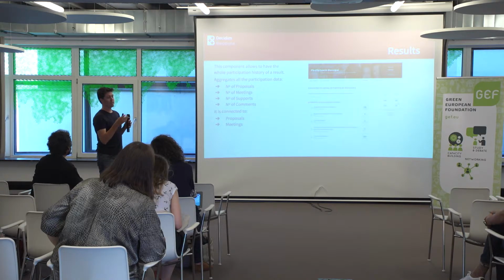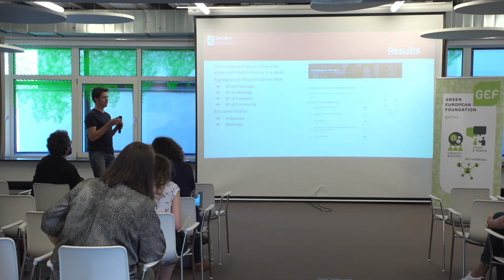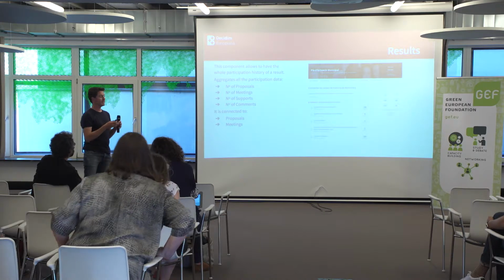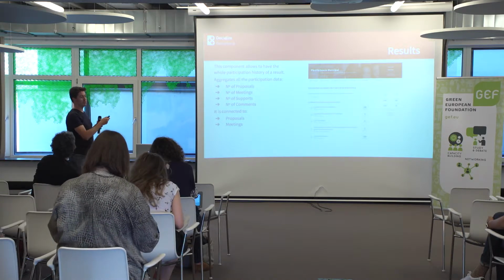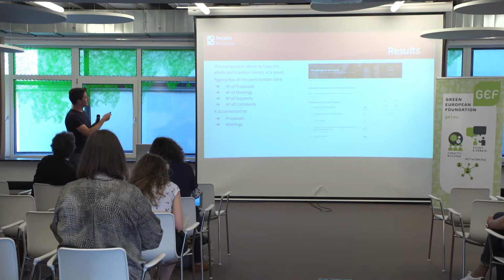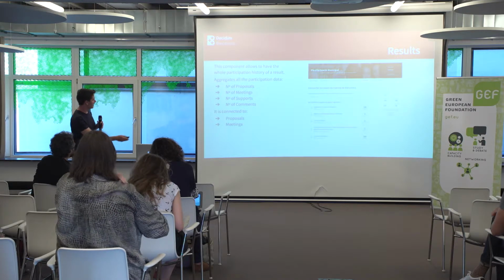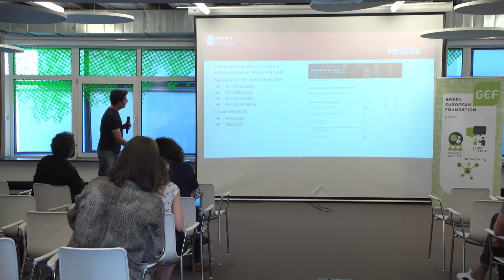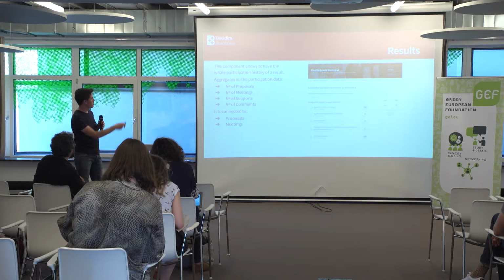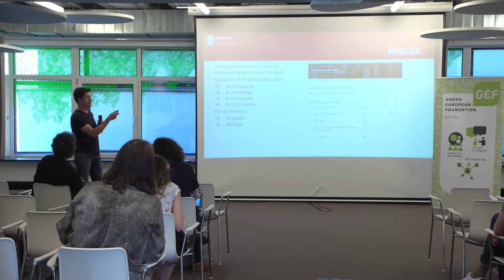We have a lot of metadata from the whole participatory process, and this is what we call traceability, because we can see the history of participation, and you have, for example, below the list of proposals related to this result.